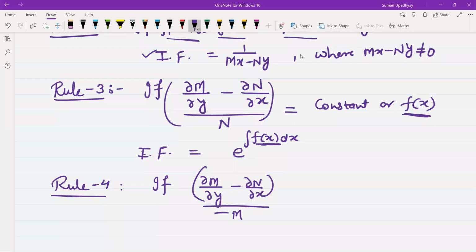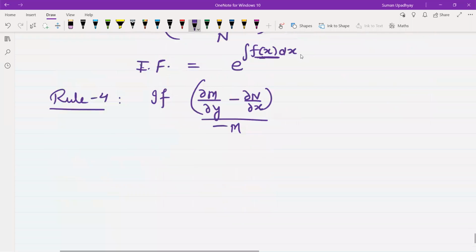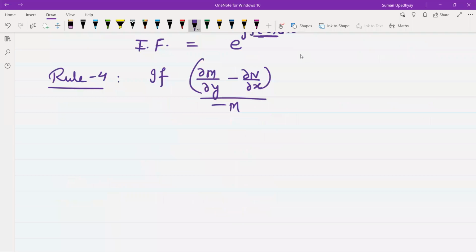At that time you cannot use rule number 3, so you have to see rule number 4. Rule number 4 says calculate this term, and if it comes out to be a constant, or a function of y only, at that time you're going to use rule number 4, and the formula for integrating factor is e raised to integration of f of y dy.